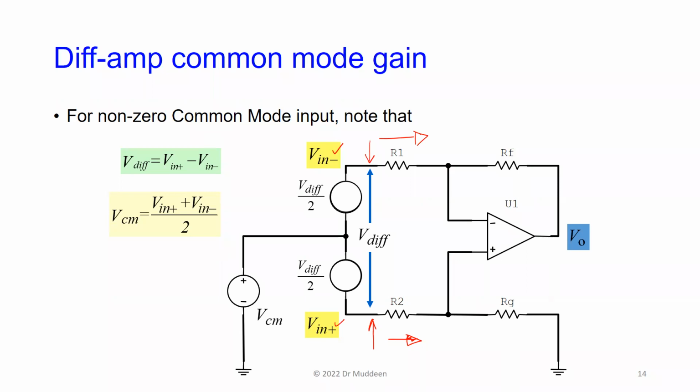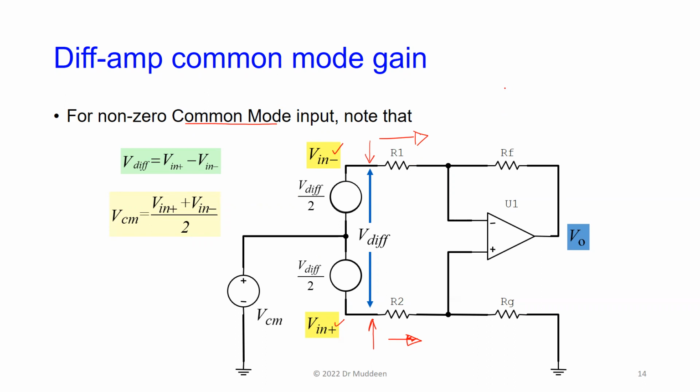And V common mode, right? Remember that Vin plus and Vin minus might have some signal riding on it. We define VCM, or V common mode, as the average voltage between Vin plus and Vin minus.